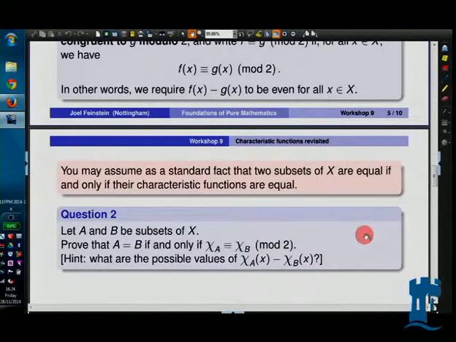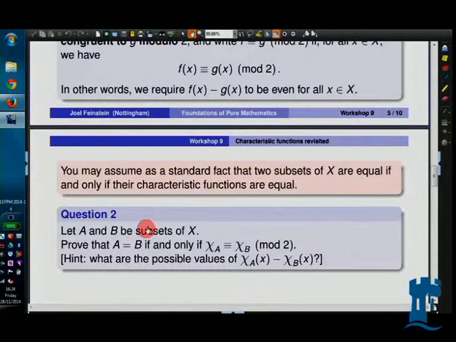And now I'm going to ask you to check that, in fact, if you take two subsets of x, then the sets are equal if and only if the characteristic functions are congruent modulo 2, which is usually a slightly weaker statement about functions. If two functions are equal, they're definitely congruent modulo 2, because the difference is always naught, which is even. But generally, two functions could be congruent modulo 2, but be completely different. Like one could be the constant function naught, and the other could be the constant function 4.